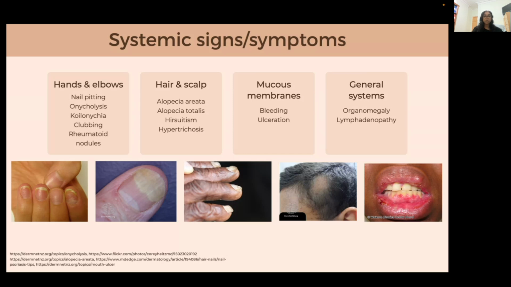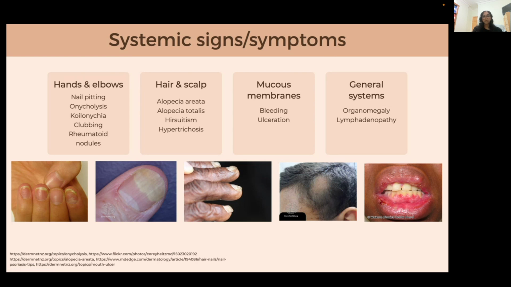Then the hair and scalp. So you want to look for signs of hair loss. For example, alopecia areata, which you can see in this image here, or complete loss of the hair, so alopecia totalis. Hirsutism, so is there excess hair growth, for example, on the sides of the face or on the chin?